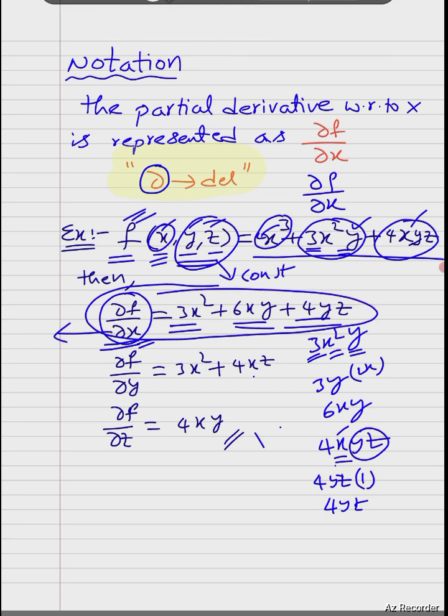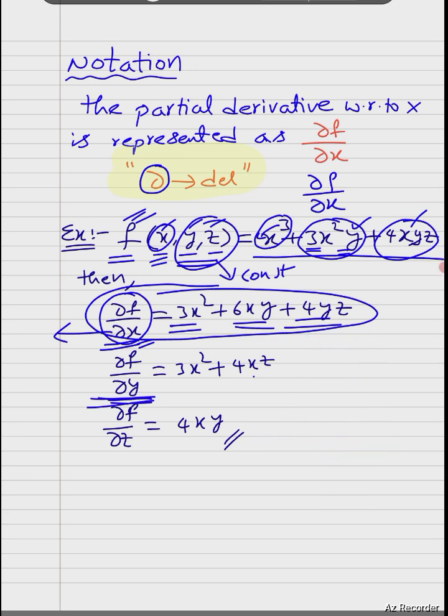Similarly, we'll find it with respect to y. What's the partial derivative of the given function with respect to y? The function is x cube plus 3x square y plus 4xyz. Since we are doing with y, x is a constant, and the derivative of a constant is 0.